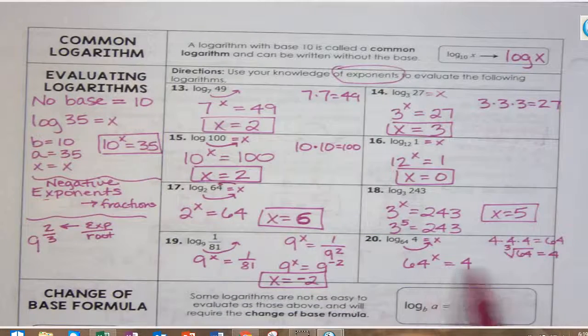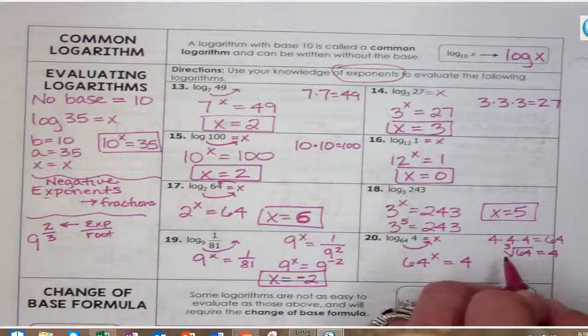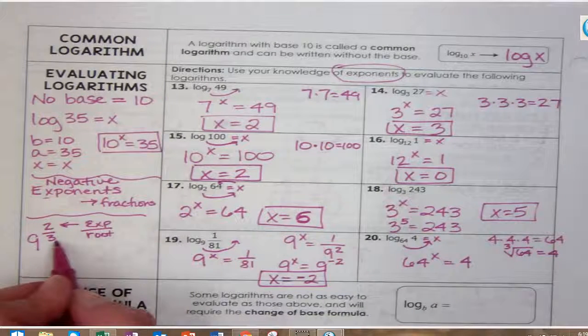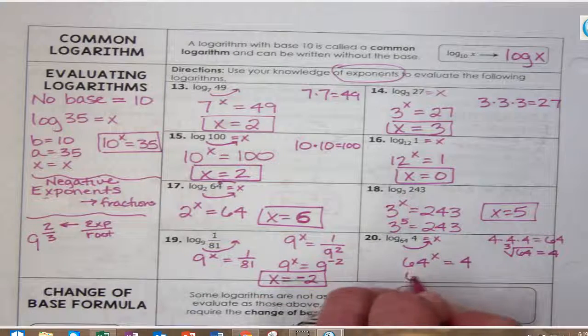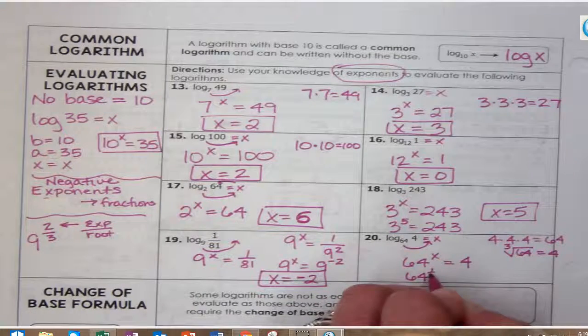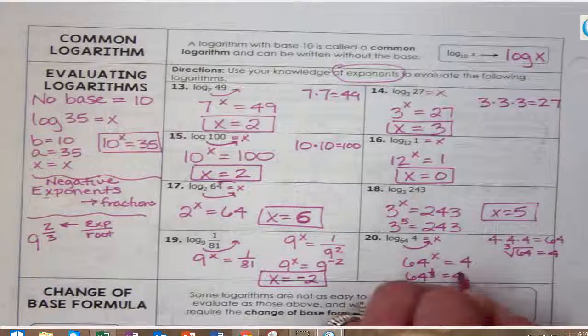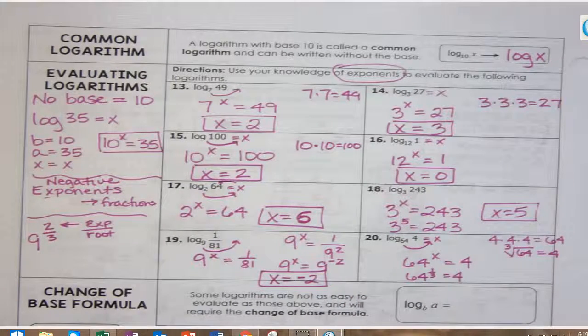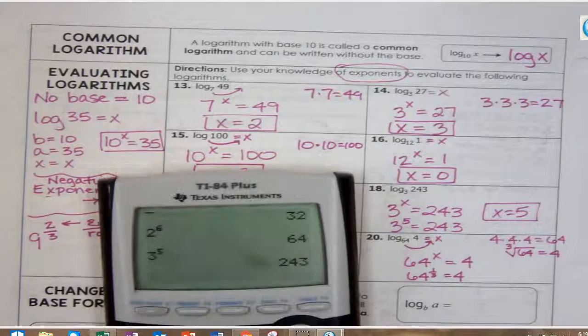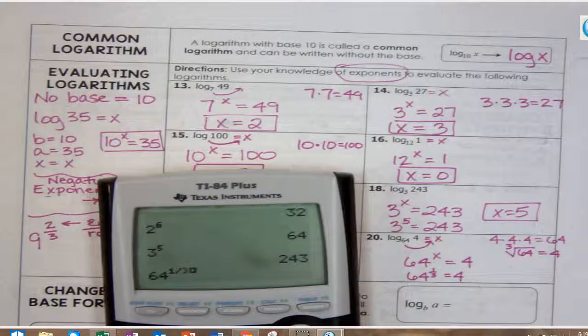But how do I show that in this situation? Well, the denominator is my root. So 64 raised to the 1/3 power is going to give me 4. And you can even test that out. 64 raised to the 1/3 power gives you 4.